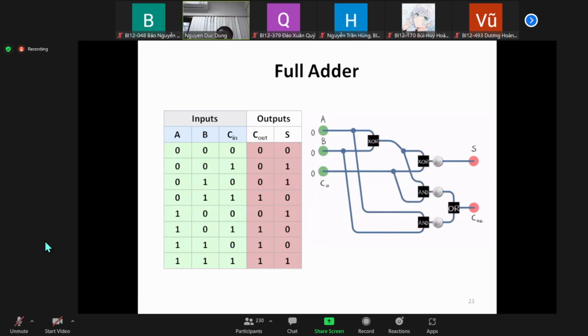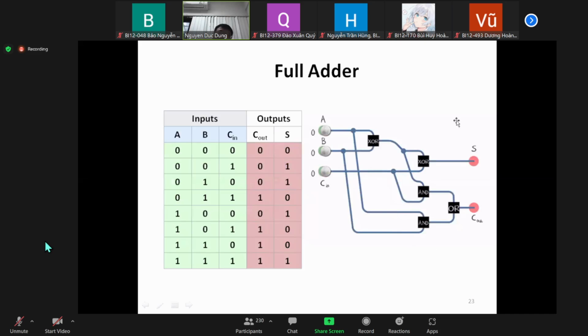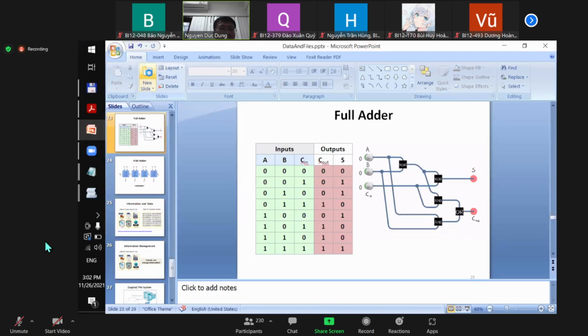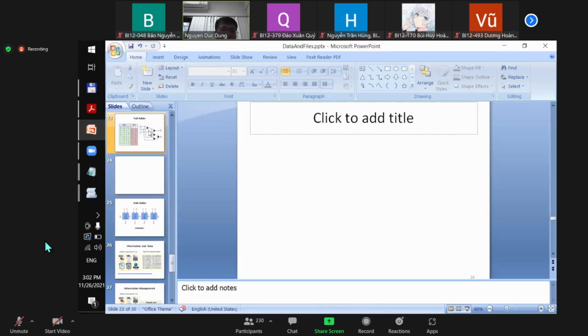The full adder has 3 inputs: the first, the second, A and B, and the carry in. It also produces only 2 values, the sum result and the carry out value, like this one. And you could compare it with the half adder.